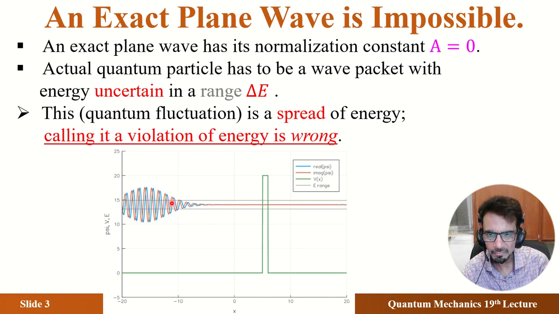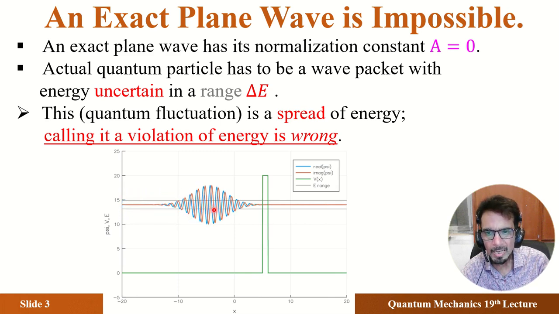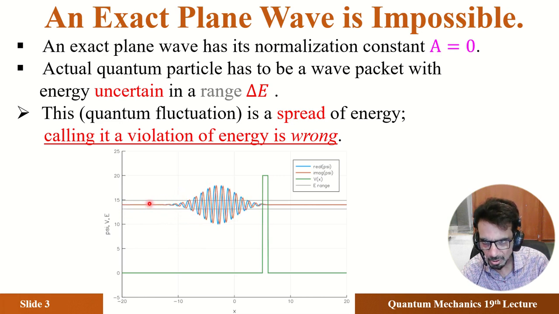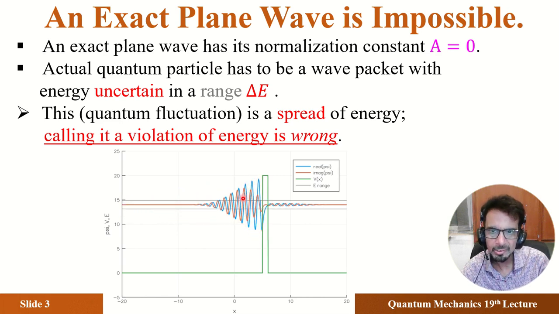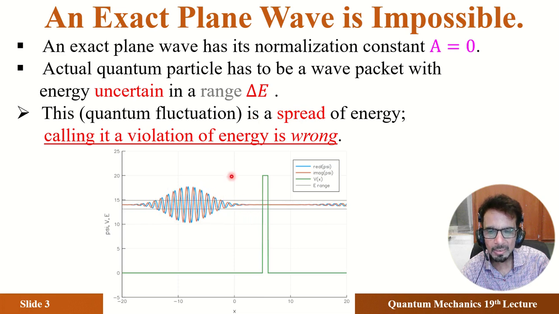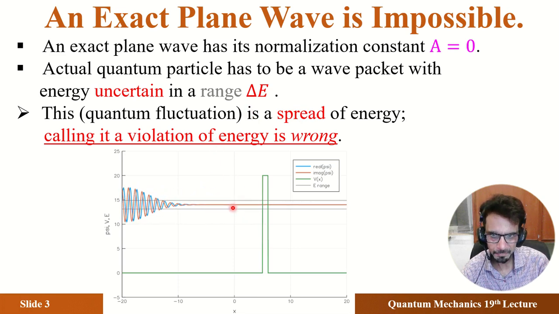If you want a finite width, your energy has not to be one. There will be many plane waves, that means many energies. So there has to be a width of energy, which I've shown you slightly. This means energy has a spread in an actual wave packet.